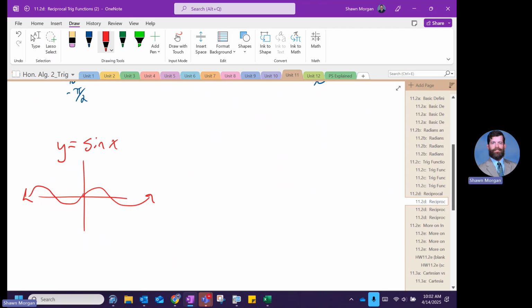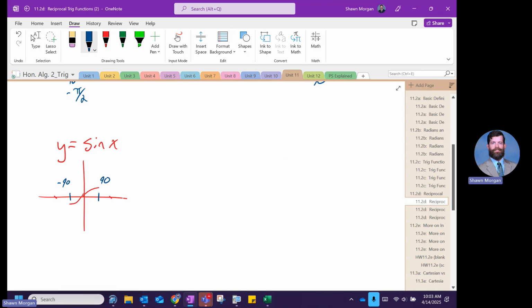And so mathematicians said, hey, you know what we've got to do? We've got to cut this off, making it one-to-one. Therefore, we are restricting its domain from negative 90 to positive 90.